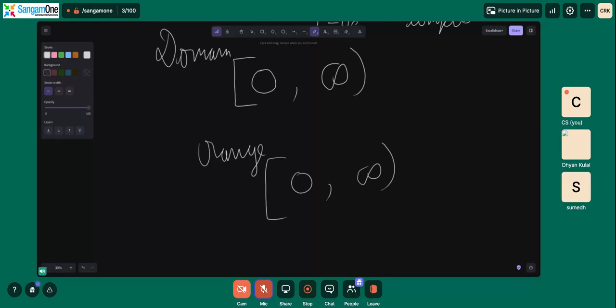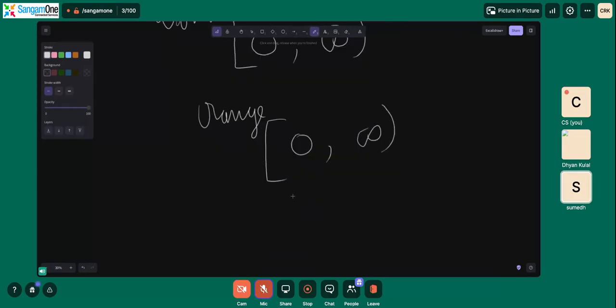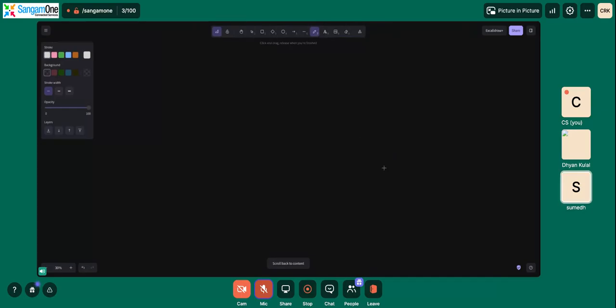Now what are these brackets here? You can see one is square and one is a normal parenthesis. What would be the difference here? Whenever you write x and y in this bracket, generally it says we do not include the x and y values.